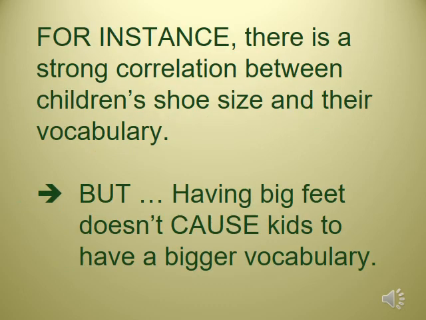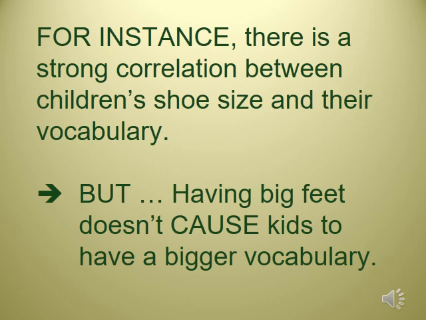A real classic example that comes up almost every time people talk about statistics is the fact that it's been shown that there's a strong correlation between children's shoe size and their vocabulary. Which sounds like having bigger shoes must cause kids to know more. So you should put all your kids in like clown shoes and that would be a good thing.